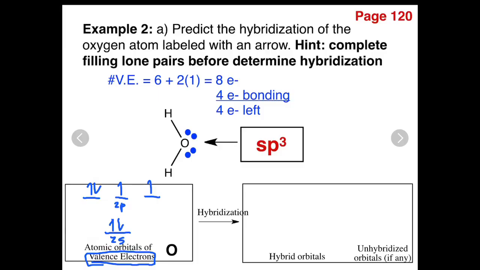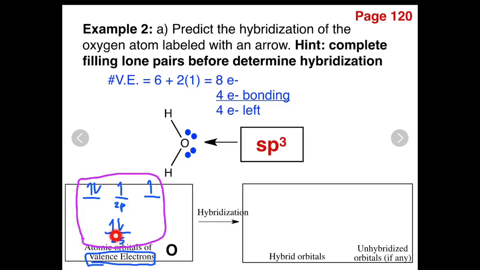All right, now we are going to do the hybridization similar to what we did earlier with the carbon. What are we going to mix? We're going to mix s and p orbitals. We're going to use one of the s and three of the p. So I'm going to mix all of these together.